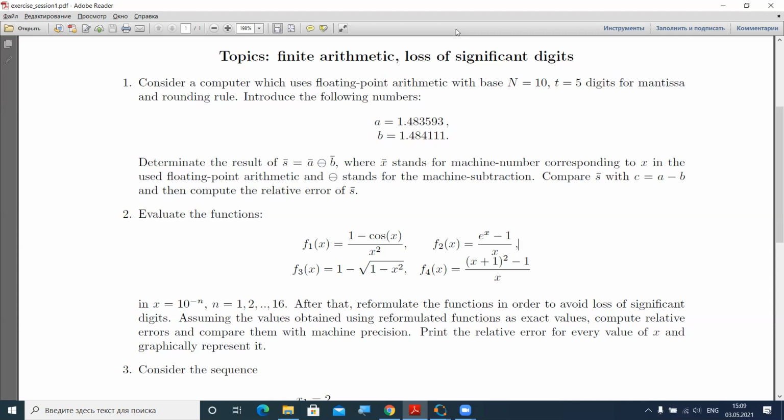We have to find here a reformulated function, a new function. Do you have an idea here?